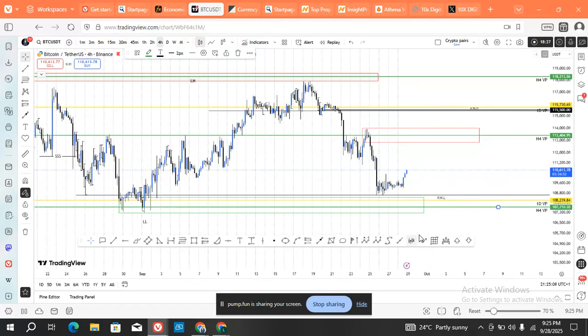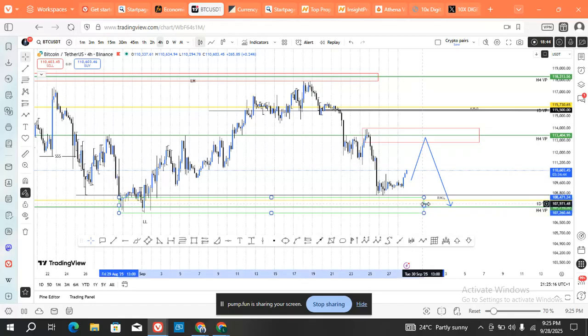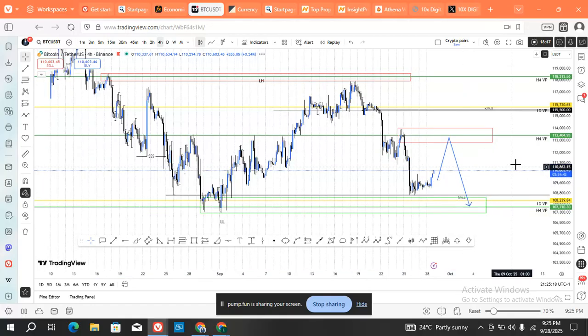You see, as the market is moving up, it's going to get here and then drop again to this low. So massive buys are coming in for Bitcoin currently.